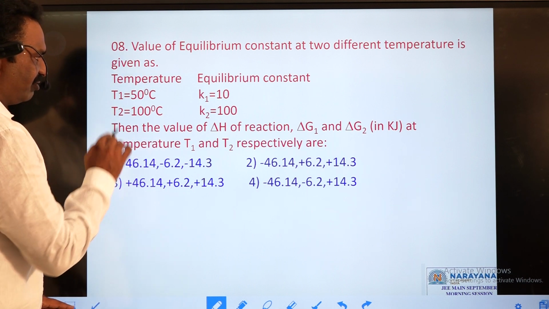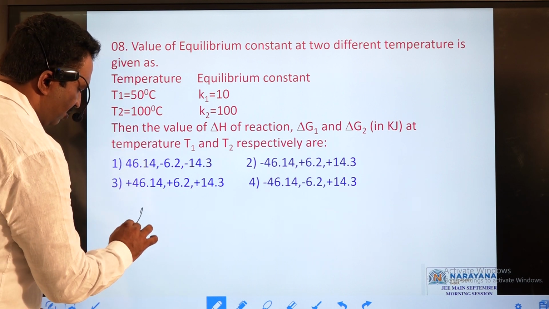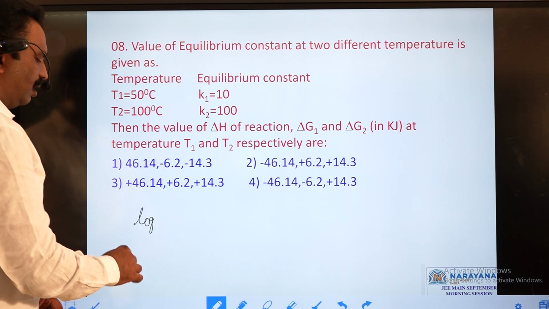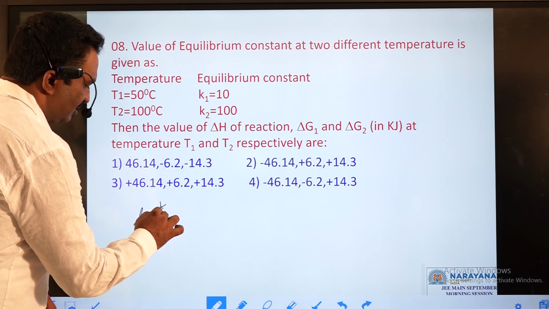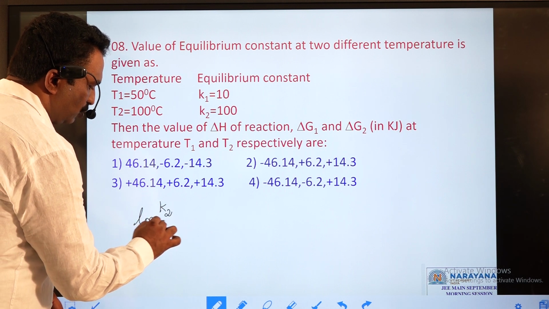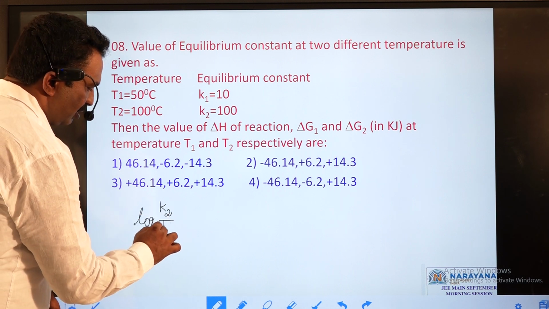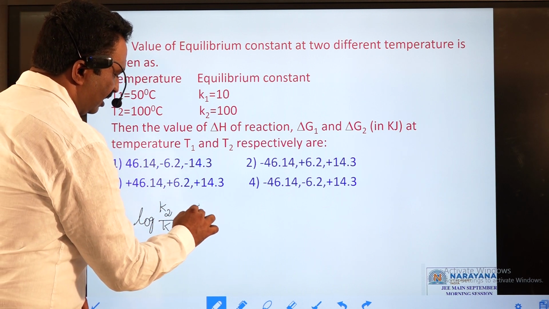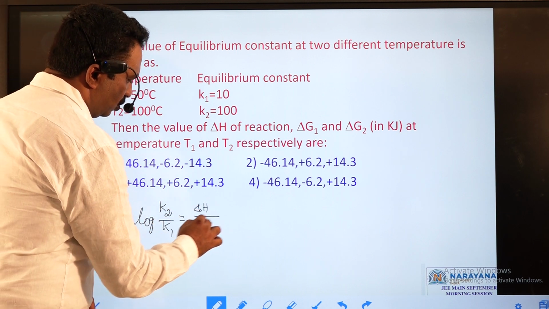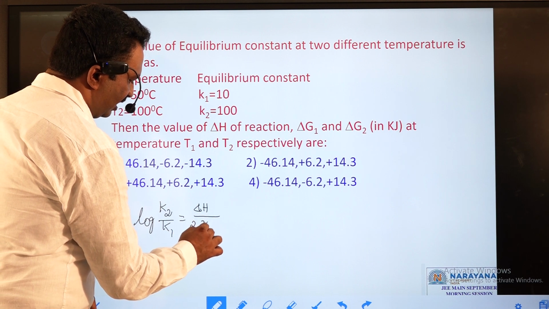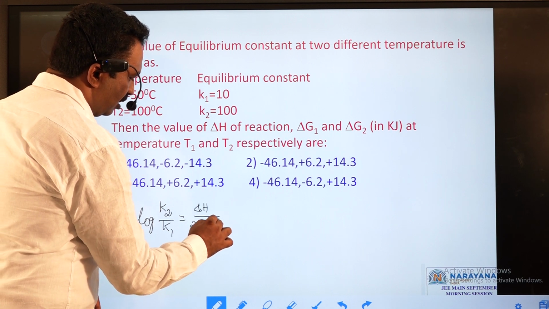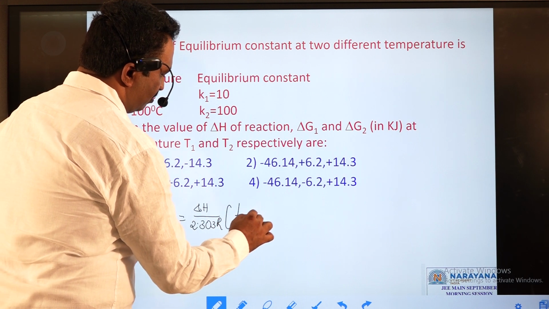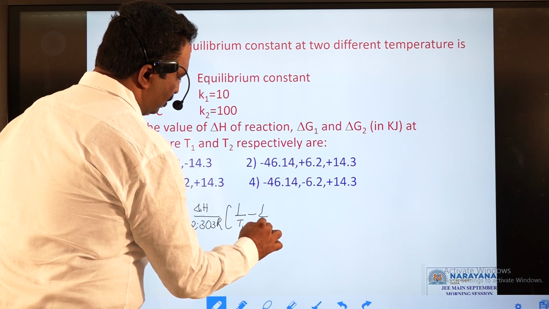The relation of equilibrium constant with change in enthalpy: log K2 by K1 is equal to delta H by 2.303 R into (1 by T1 minus 1 by T2).